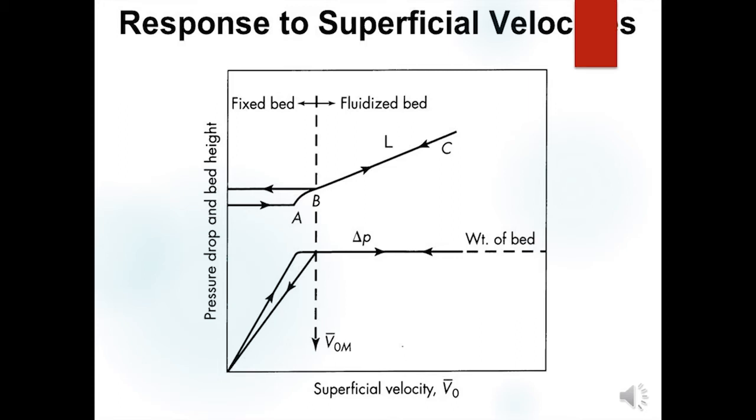So when particles are free to move about in the fluid, the pressure drop across the bed increases, and that is what happens after the point P. And when we decrease the fluid velocity to reach the initial state, we find that a slight difference is found because of the difference in arrangement of the packed bed. So when we first increase the velocity and fluidize the bed, and then try to bring it back, we find that the initial state is not really achieved.